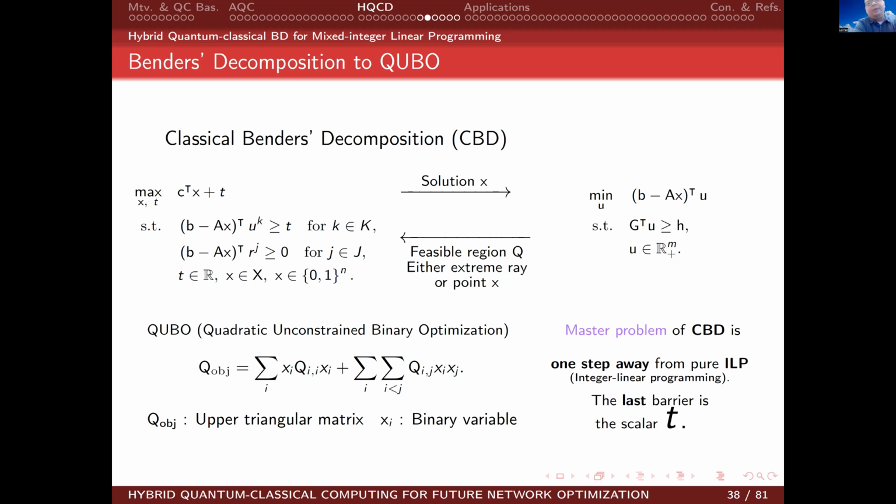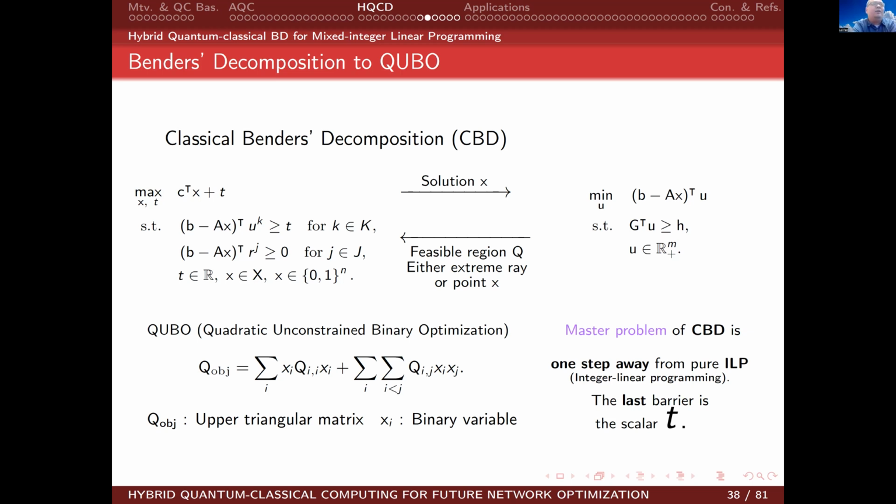It's a continuous variable. The trick we play here is that, as we know, in a classical computer, there are no continuous numbers. In the programming language, we define float, double, but a digital computer only has 0 and 1, right?